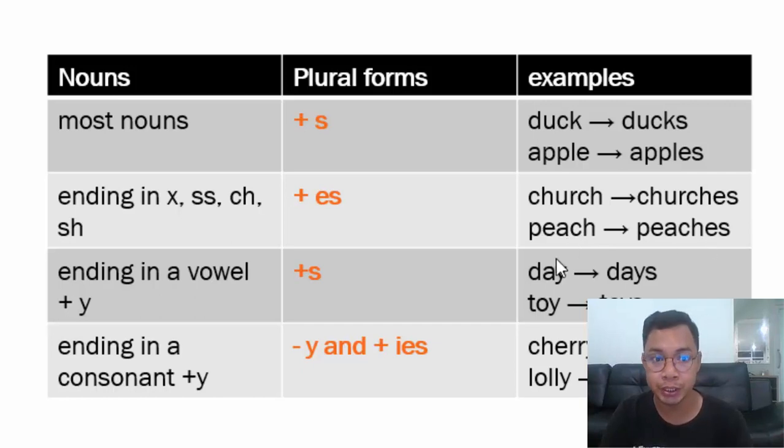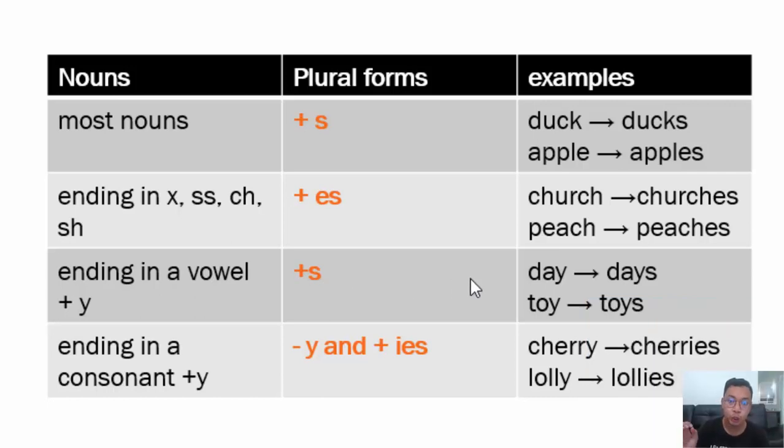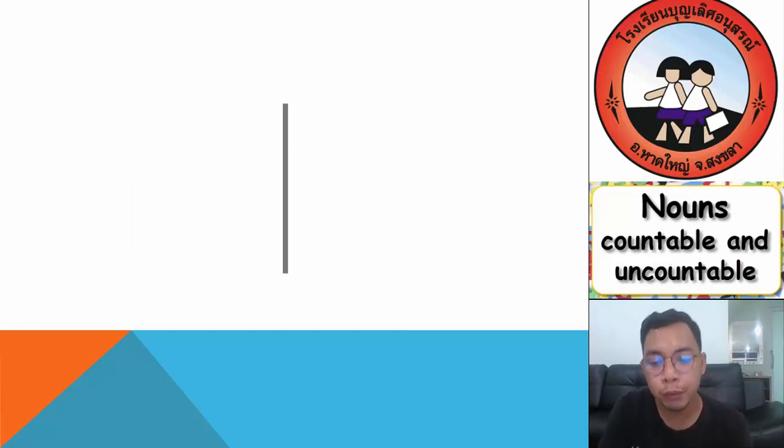Peach, peaches. Any word that ends with a vowel plus y, we put s. For example, day becomes days, toy becomes toys. Any word that ends with a consonant plus y, we drop the y and put ies. For example, cherry becomes cherries. Lolly becomes lollies.